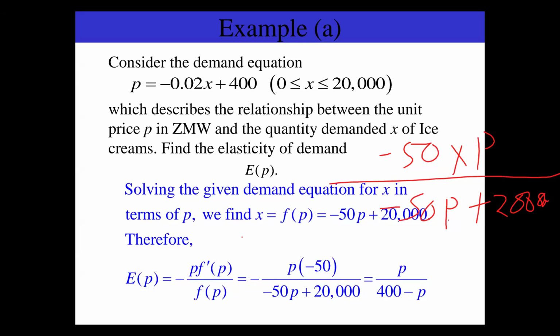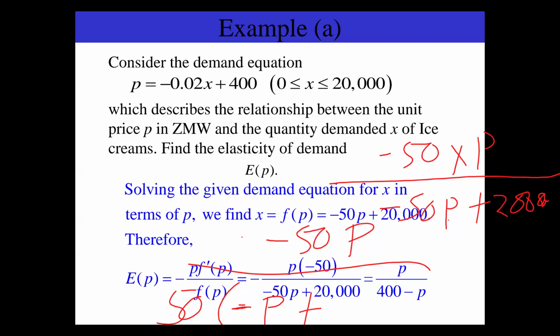Okay, let's factorize the denominator, negative 50P. What is a common factor? It is 50, right? 50 is a common factor. So you remain with the negative P, right? You're following, right? Yes. Negative P plus 50 into 20,000 goes 400 times. You've seen that?